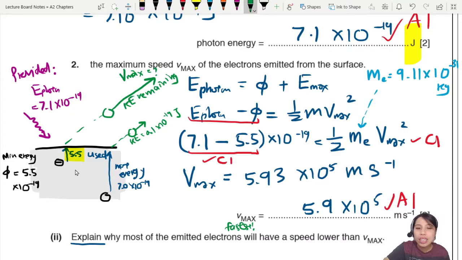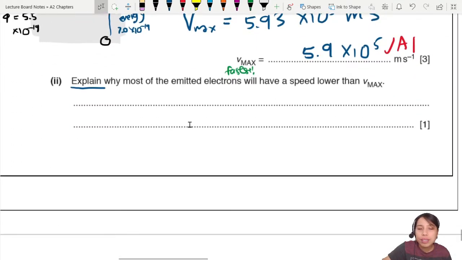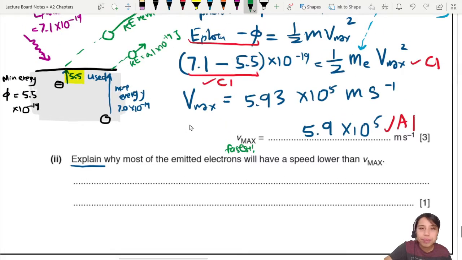It uses up all the energy. So we need to explain why the v max is just using the work function. It's closest to the surface, so you just use the work function and can get out already. That's the minimum energy. So let's write that down here.